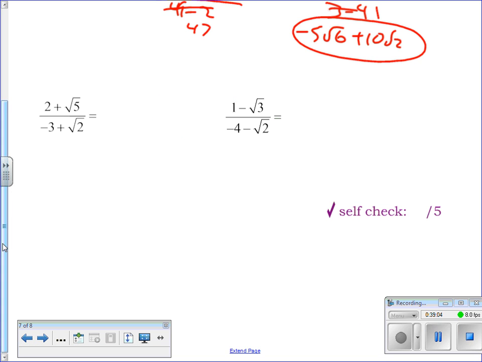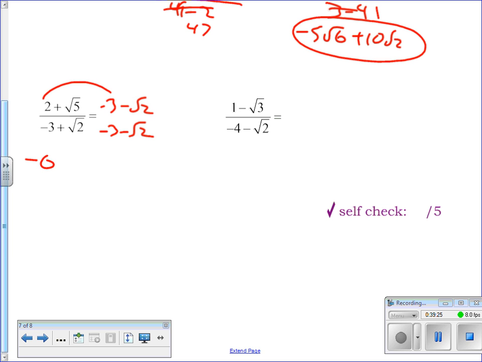So, I had a question about this one. Once again, it's just the sign between them that changes. So my conjugate is negative 3 minus root 2. And my numerator will make more of a difference than it will in my denominator. So I have to FOIL it out.